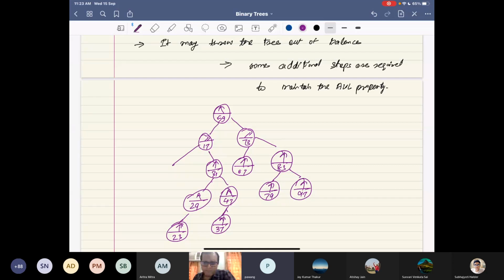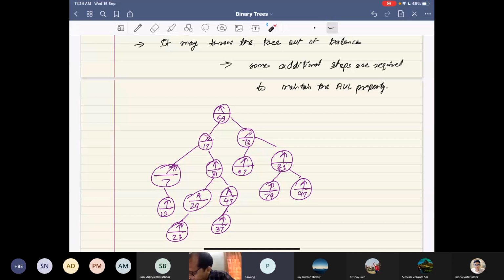While I'm drawing, please verify that I am putting the balance factors correctly. Okay, do you think the balance factors are fine? Leaf nodes will have a balance factor of 0, right? All the leaf nodes are 0. 73 is not balanced, I think. 73 is not correct.